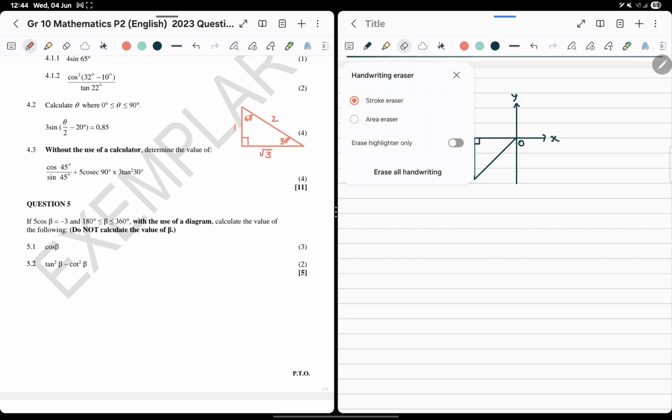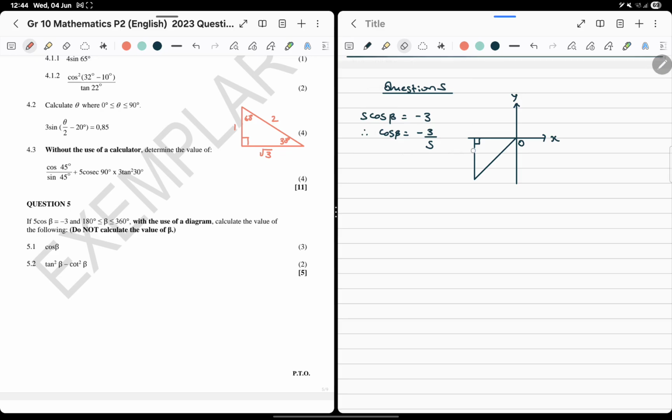All right, so this is the story. Cos is defined as adjacent over hypotenuse. So this is beta. It's a reflex angle.